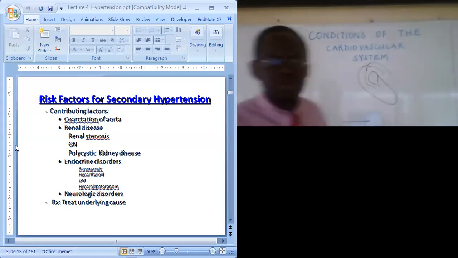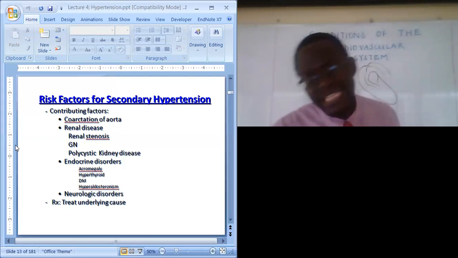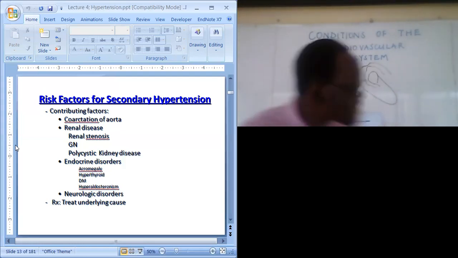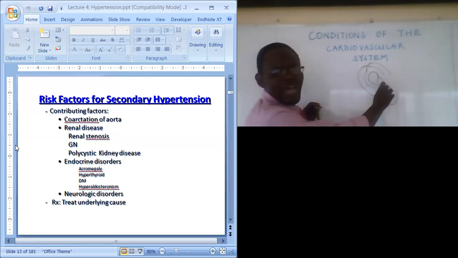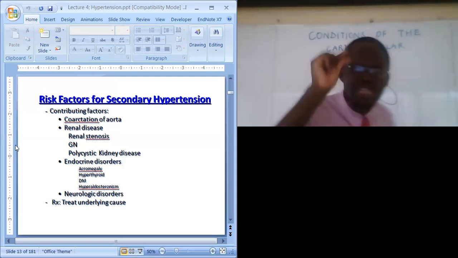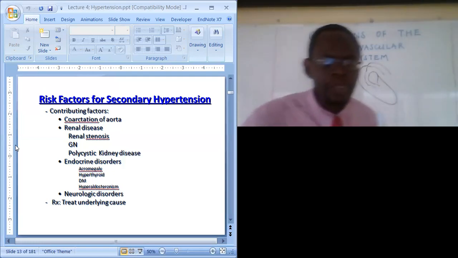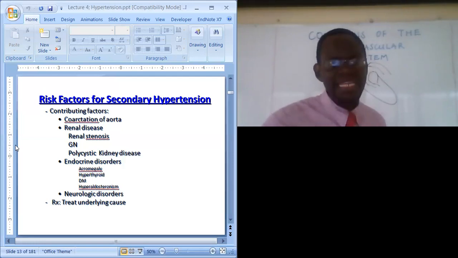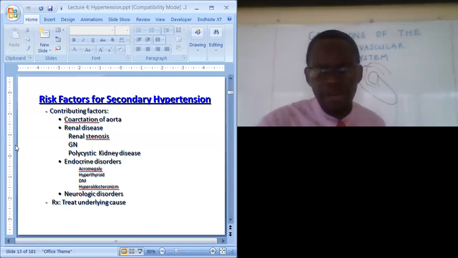That is what we refer to as coarctation of the aorta. As a result, the heart will find it very hard to pump blood. This ventricle will find it very hard to pump blood across that constricted, narrow lumen, and as a result, the patient will have hypertension. In this case, it will be secondary.